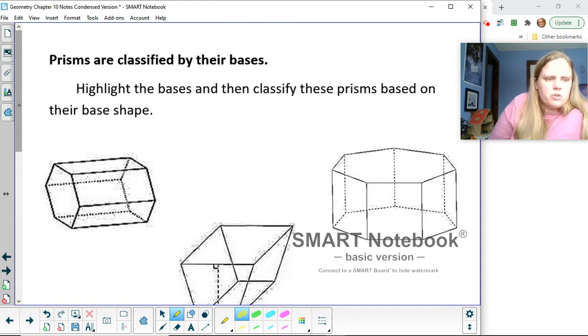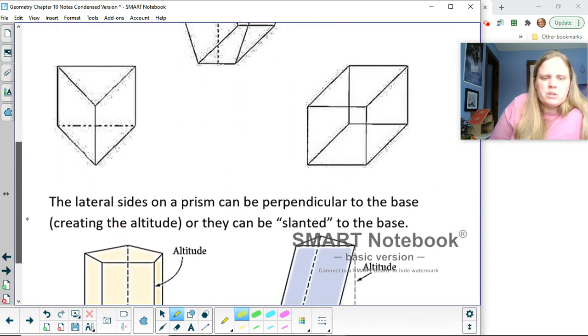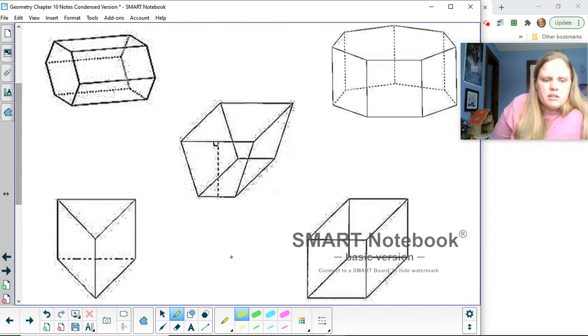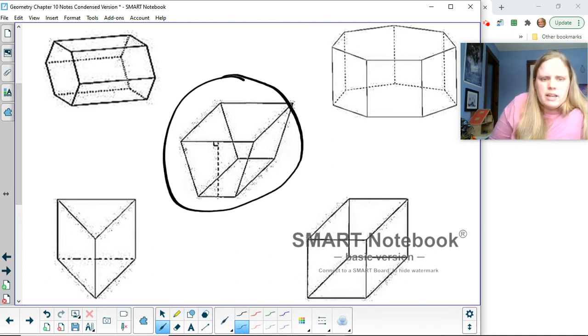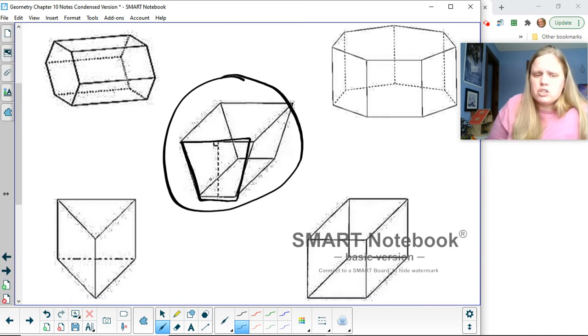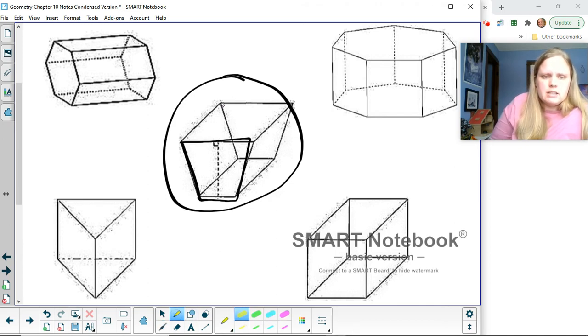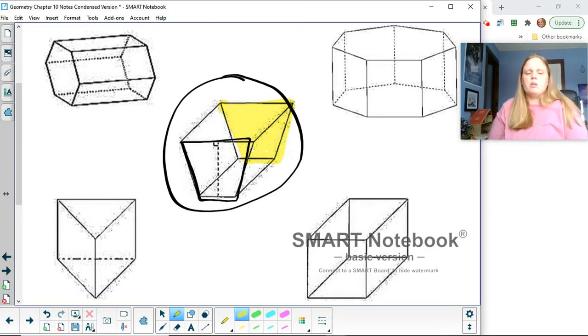And again, if you want to try classifying some of these prisms, feel free. For example, this one here has a trapezoidal base. And even though that's on the front of the shape, I know that's the base because behind it is the exact same size shape here. So I'm not always looking at the bottom, I'm looking for the 2 shapes that are the exact same.